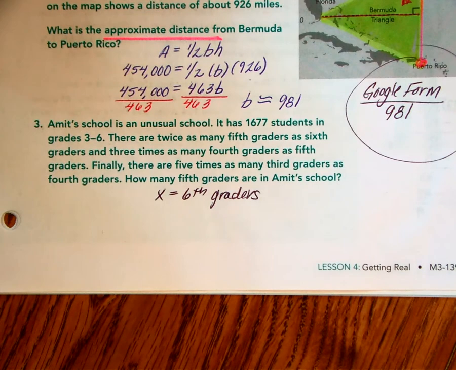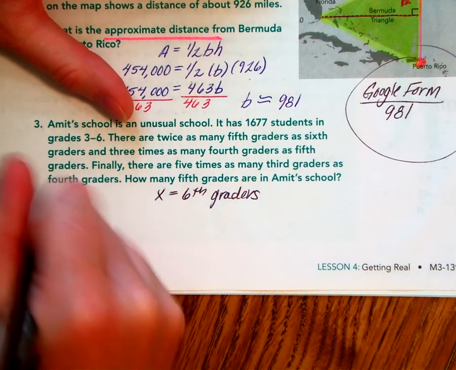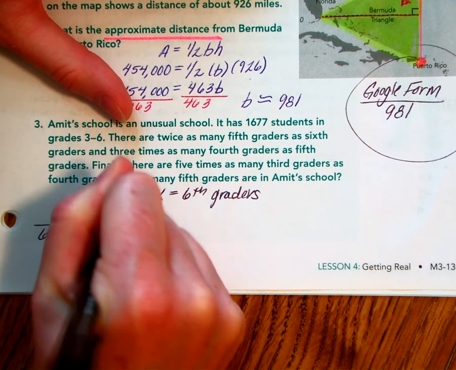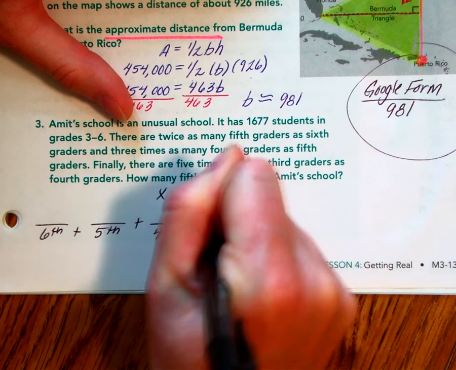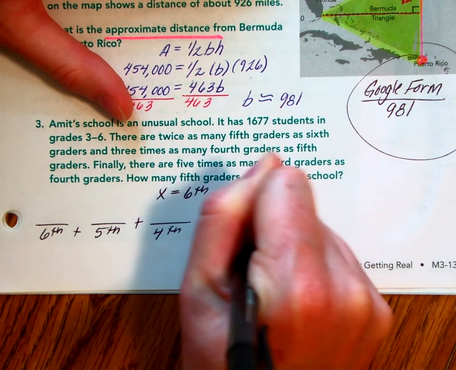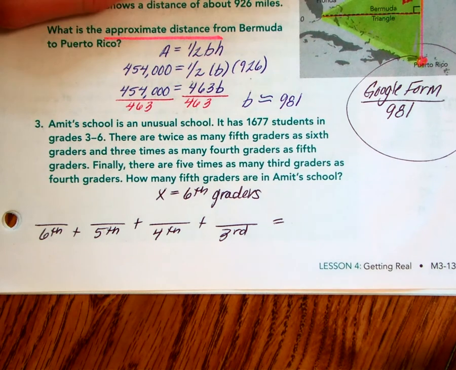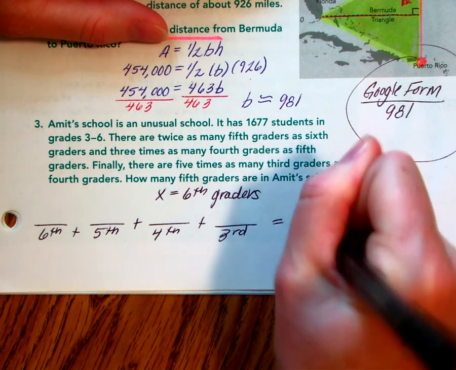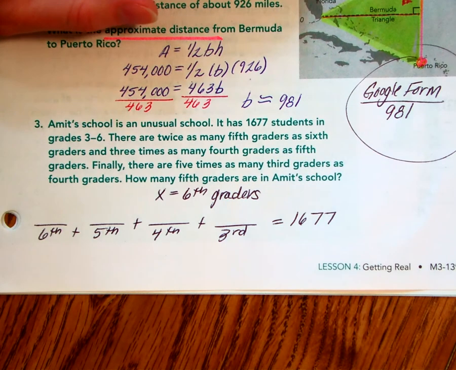And then this requires a really long equation, because you need your 6th graders plus your 5th graders plus your 4th graders plus your 3rd graders, and all of those terms are going to add up to equal 1,677 students. What's that look like?